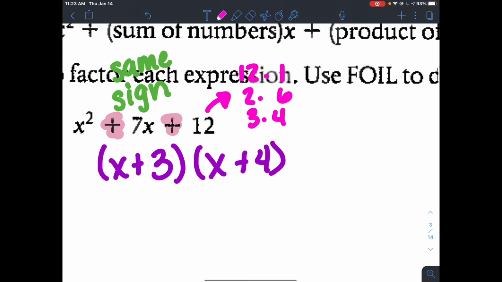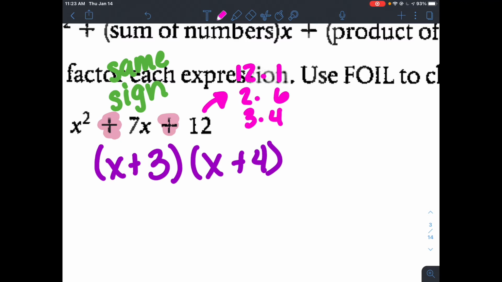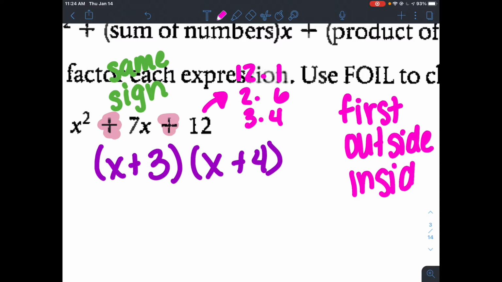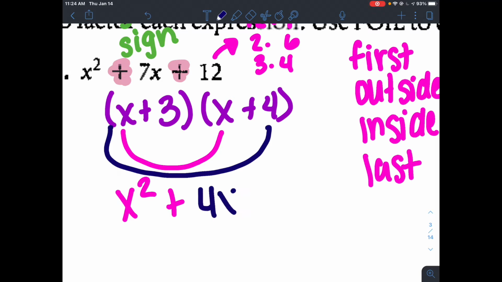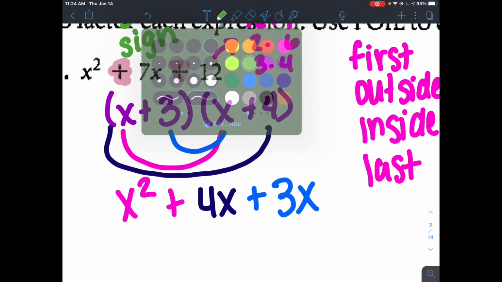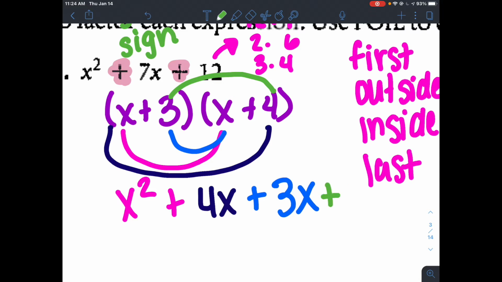And FOIL just stands for first, outside, inside, last. So we're going to take the firsts, that's x squared, plus the outsides, plus the insides, and the lasts, plus 12.